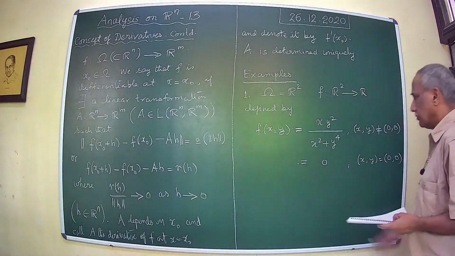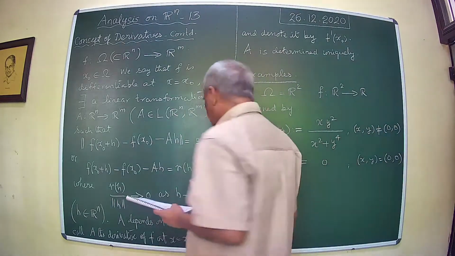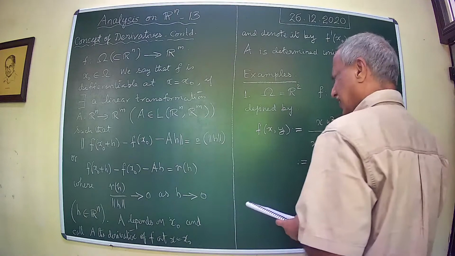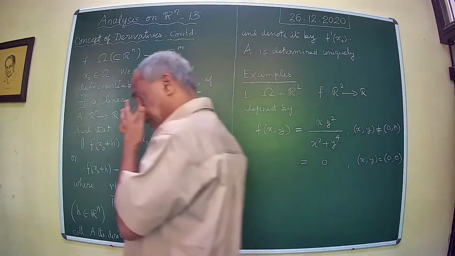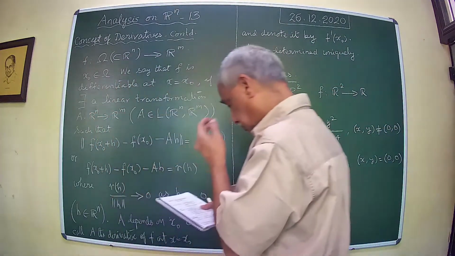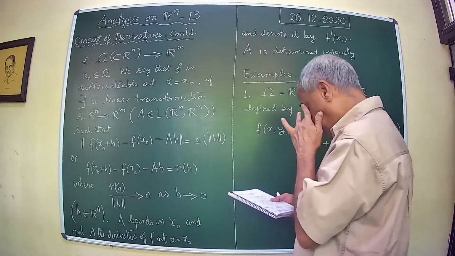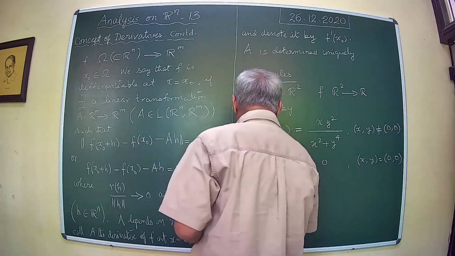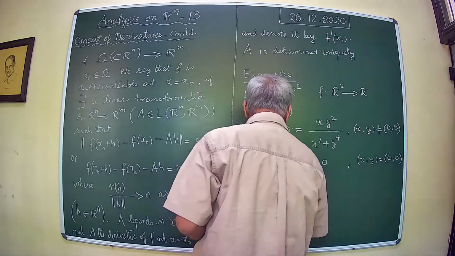This is the definition of the function, where x and y are the variables in R. Now we make some observations. The first observation is that f is bounded.